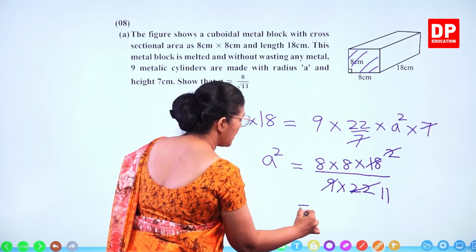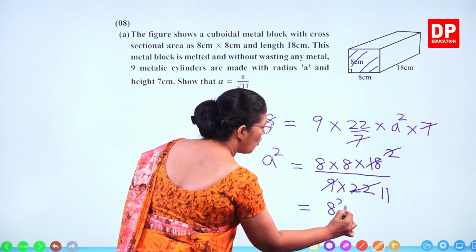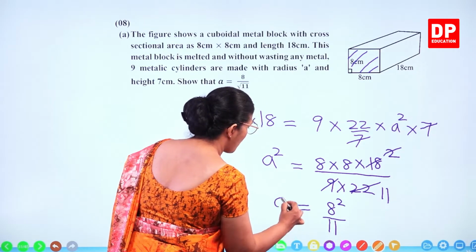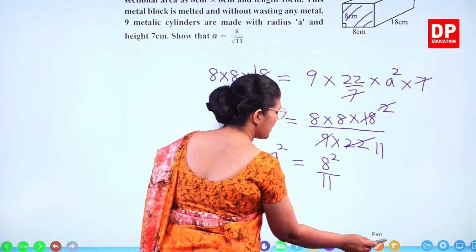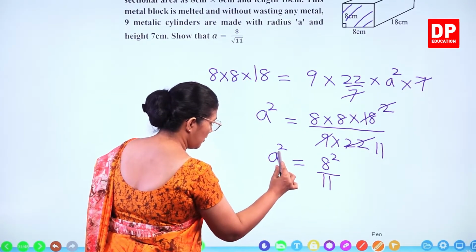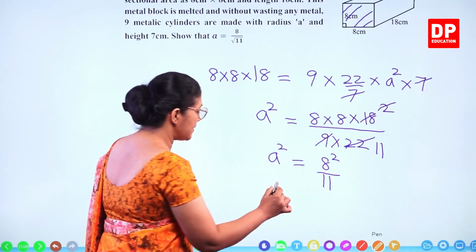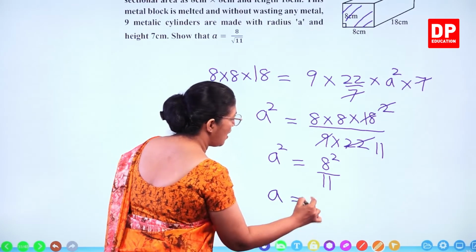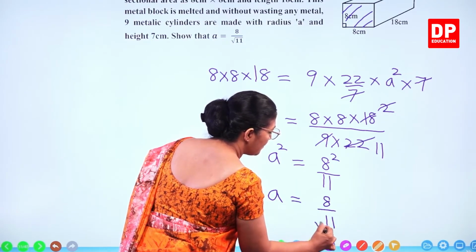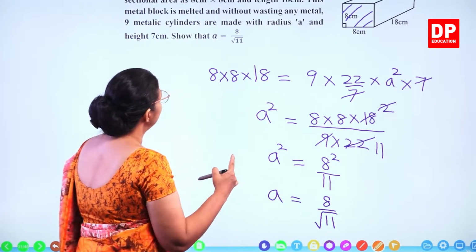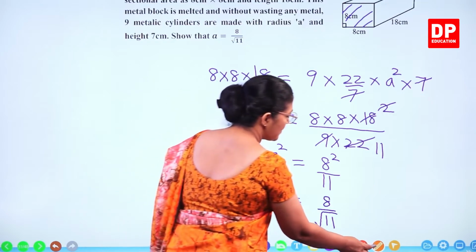Now what can you say? This is 8 squared over 11, equal to a squared. Take the square root on both sides. What happens when you take the square root? The square root and the square term get cancelled out here. a becomes 8 over root 11. That is the required answer.